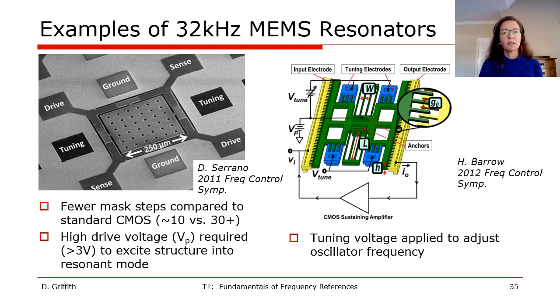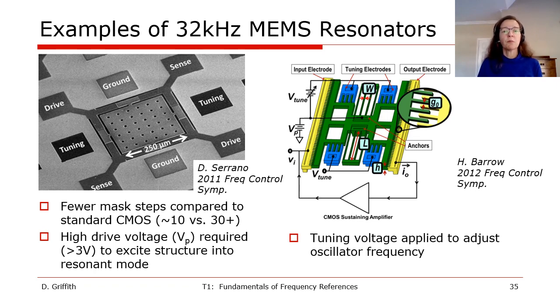So on this slide, there are two examples of 32 kilohertz MEMS resonators, both of which are also included in the list of references at the end of this tutorial. For both of these, the MEMS resonators require fewer mask steps compared to standard CMOS to fabricate. For example, maybe 10 for MEMS versus 30 or more for CMOS, which means that their costs can be relatively low.